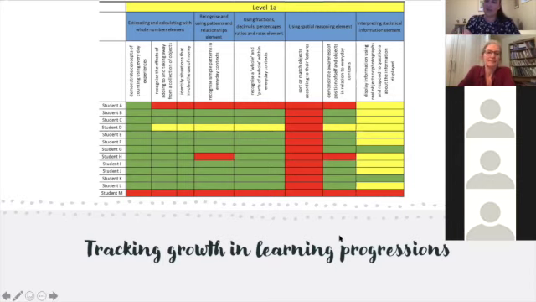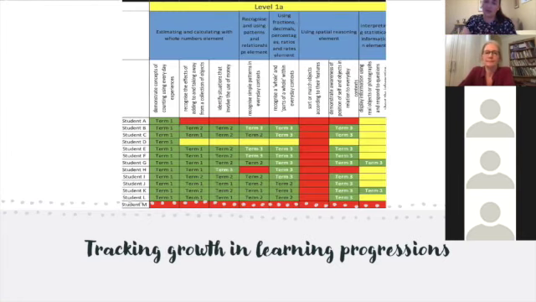This is an example of learning progressions at level 1A, so that's like pre-foundation. This is used for students who are working off level and below the foundation level curriculum. Now, that's one way of doing it, where you can just use red, amber, green, but it doesn't really show you what they've achieved and when. So this is a slight modification.